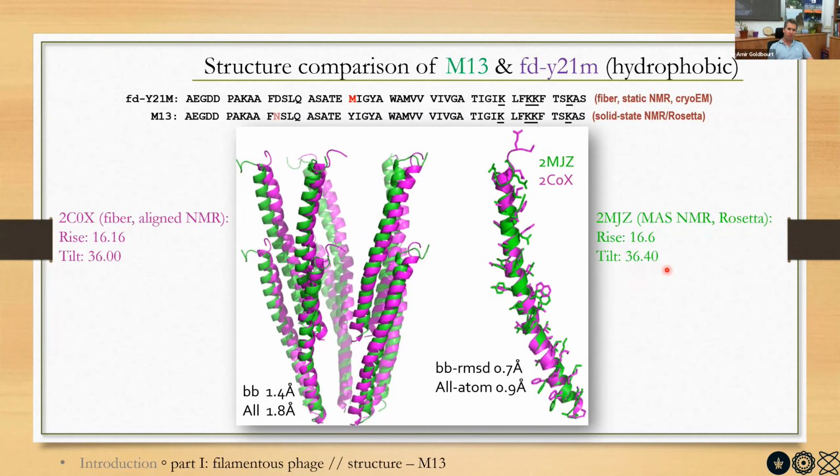And the slight change of tilt to 36.4 versus 36 actually also explained the enhanced curvature, and also the difference in the creation of liquid crystals and the impossibility for alignment. So actually this single hydrophobic mutant for the phage changes something in the arrangement of these intact viruses as we see them by NMR.